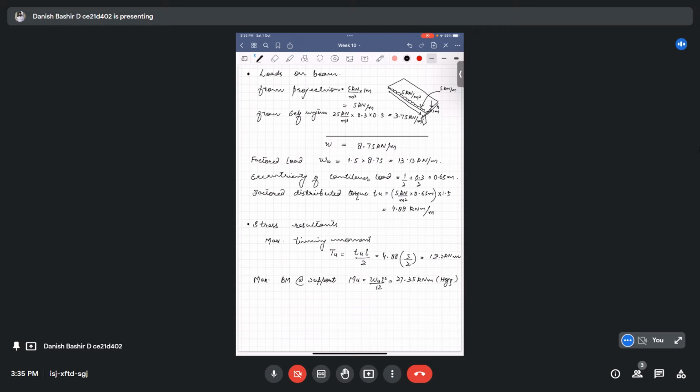The maximum shear force at the face of the support, Vu equals wu l by 2, comes out to be 32.82 kilonewton.